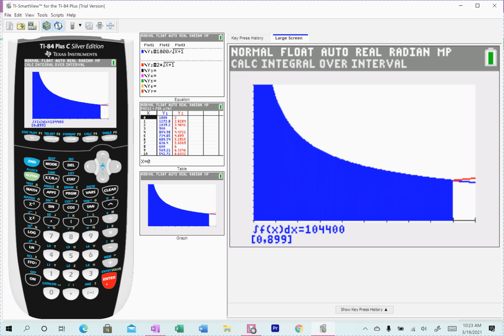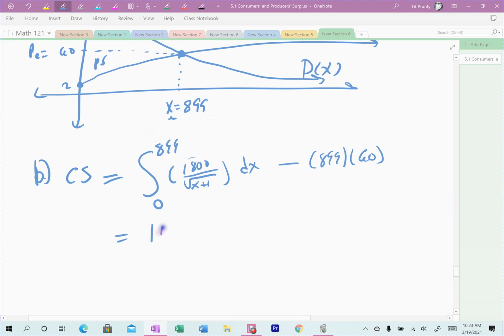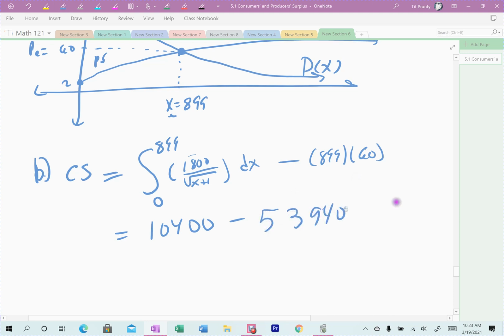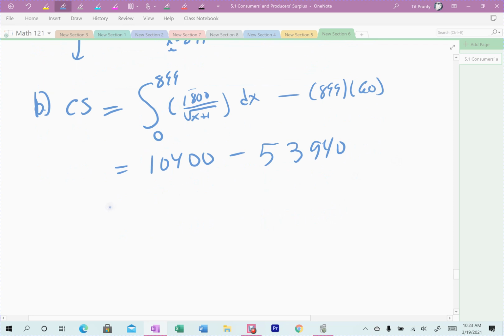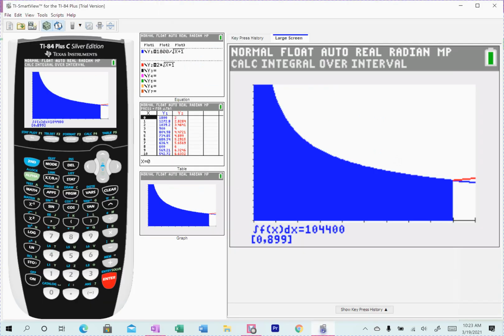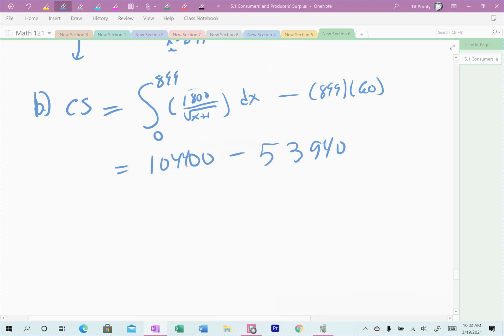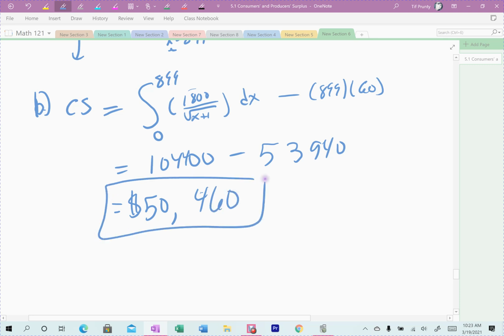I've got to remember that. 104,400 minus, when I take 60 times 899, that's 53,940. The difference, I forgot a 4. 104,400. Again, it's a fairly large number. There's a lot left on the table. $50,460 is the consumer surplus.